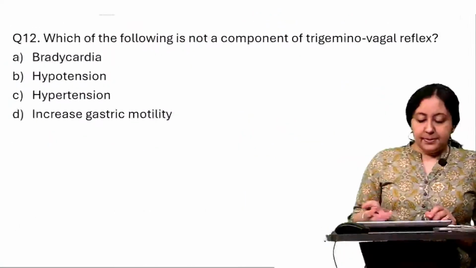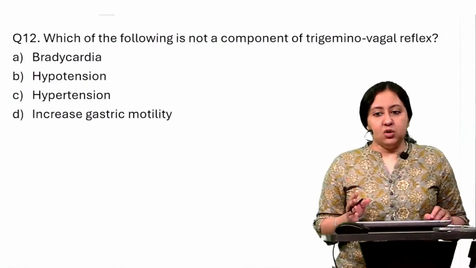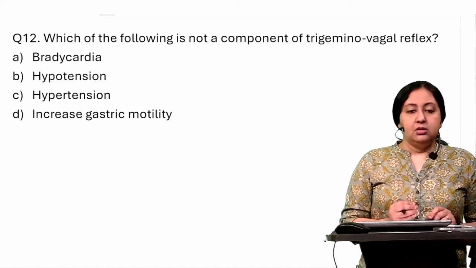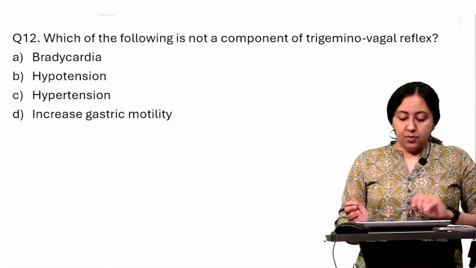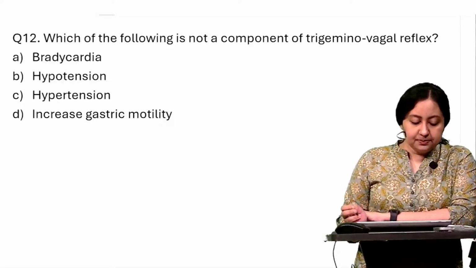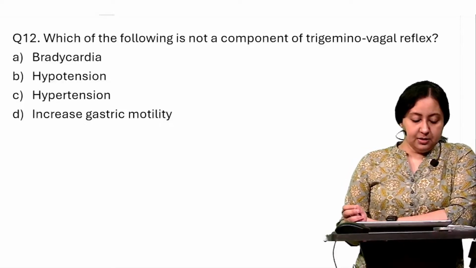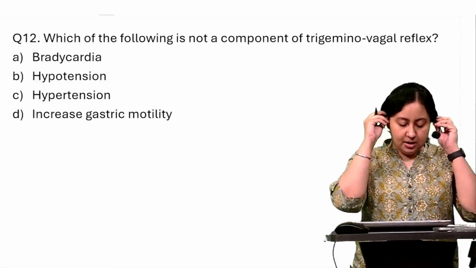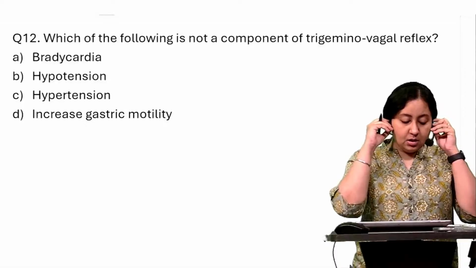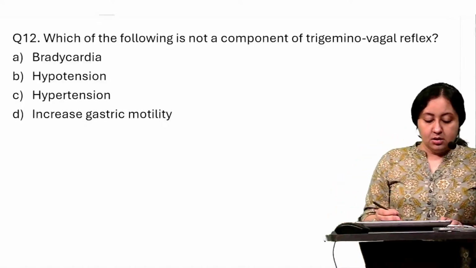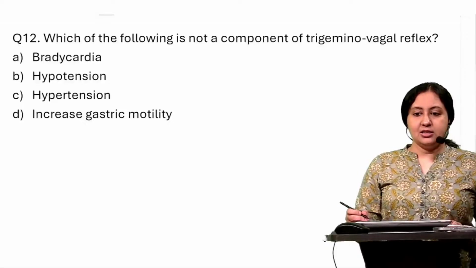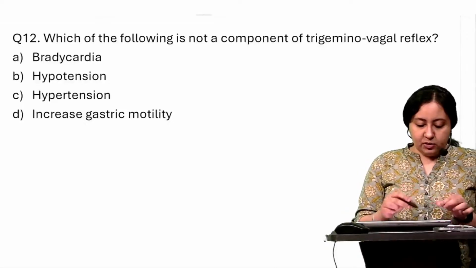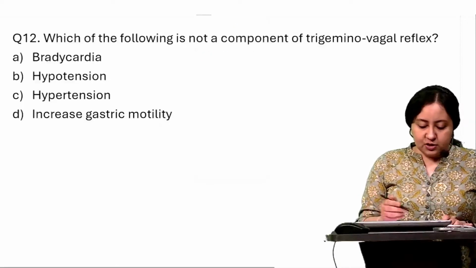Okay. Now, another question related to the same concept, the trigemino-cardiac reflex. It says, which of the following is not a component of the trigemino-vagal reflex? Option A is bradycardia, B hypotension, C hypertension, D increased gastric motility. I just told you that it is hypotension and there is no hypertension seen.